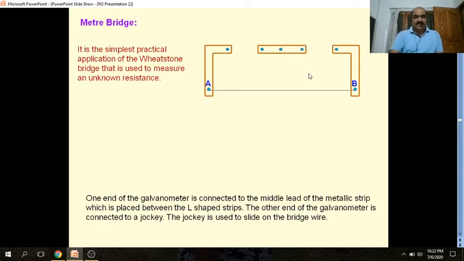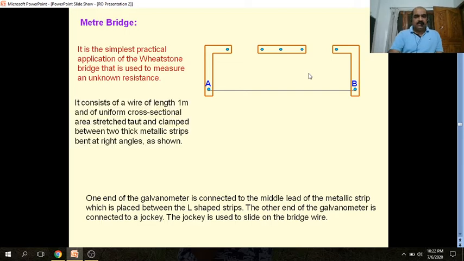And this AB is a wire of length 1 meter, of uniform cross-sectional area, which is taut and clamped between two thick metallic strips bent at right angles, as you see in this figure.